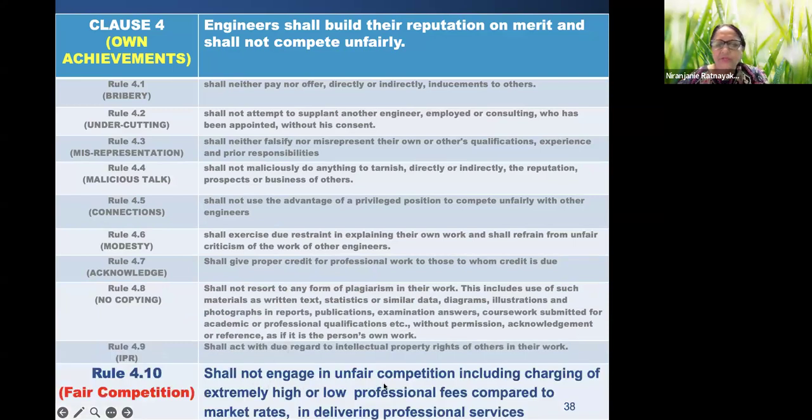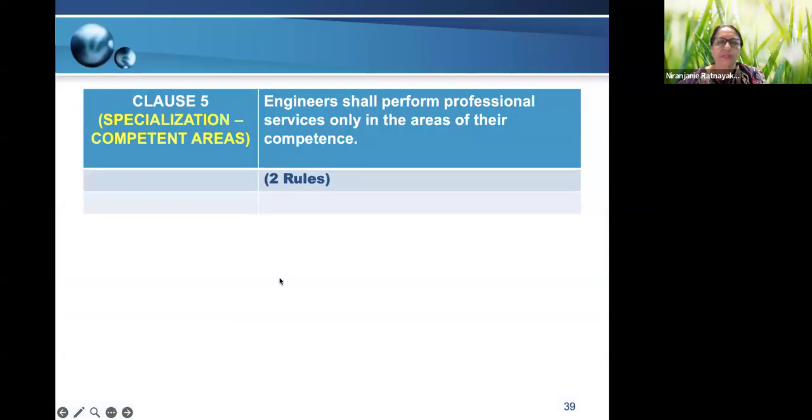And shall not engage in unfair competition, including charging of extremely high or low professional fees compared to market rates in delivering professional services. I think that's understood, right? You should not be charging either very high rates or very low rates, being unfair when you're providing a service.